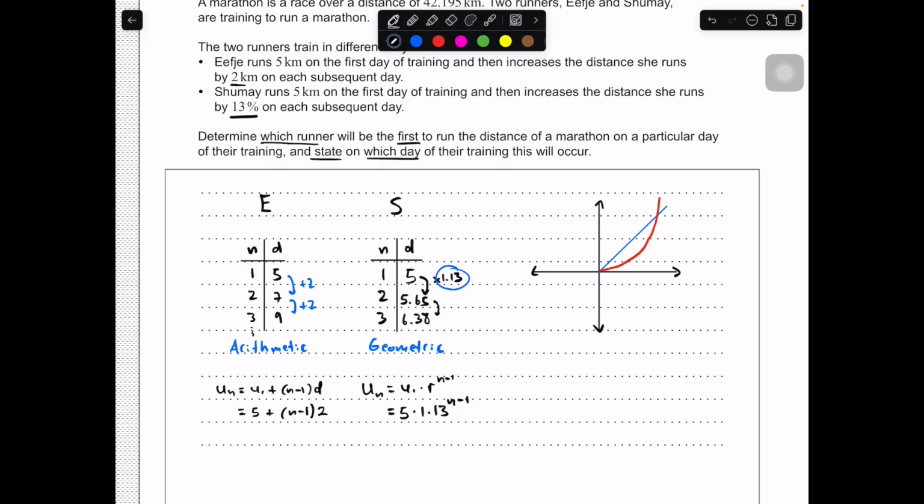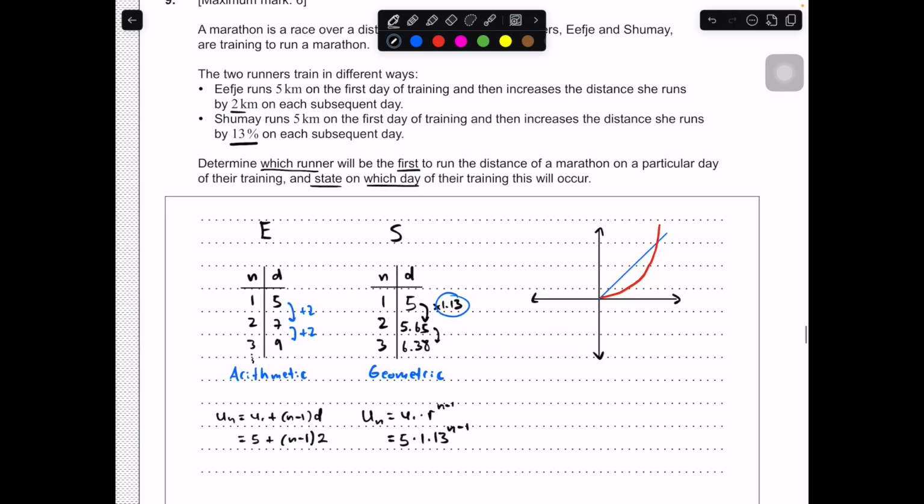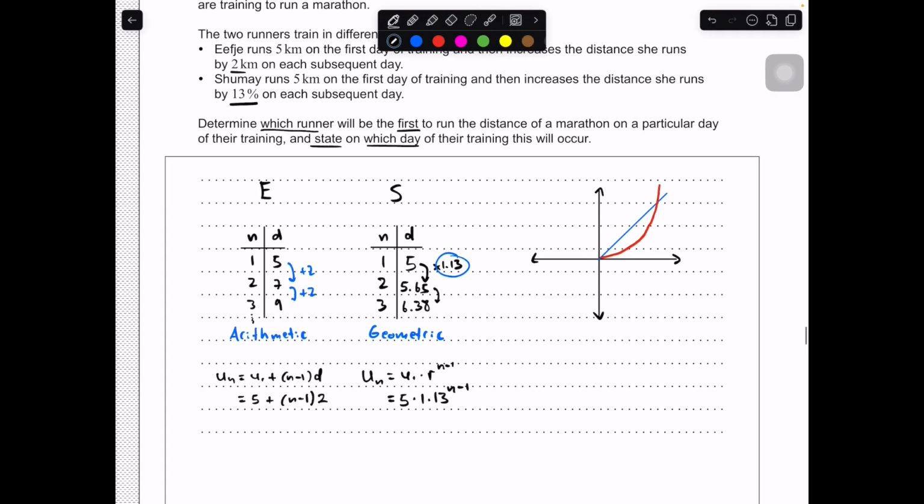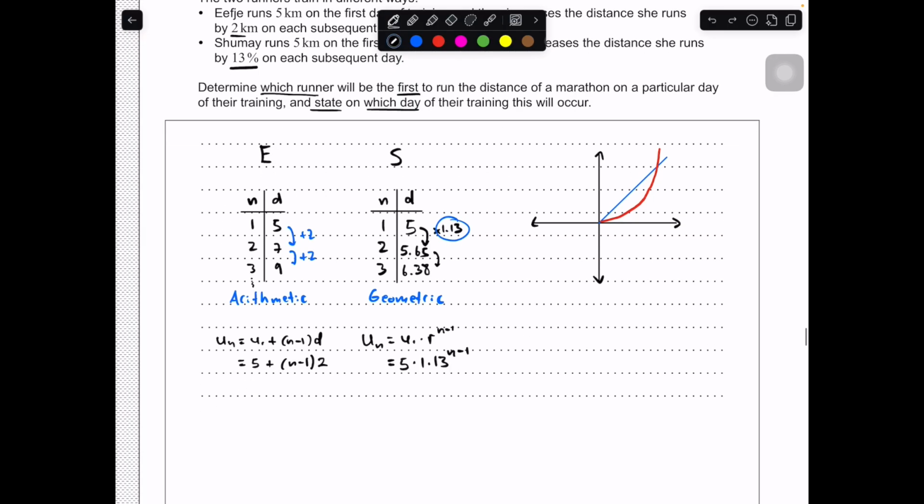Alright. So we've got a formula for each. I'm worried that this graphic will be potentially too complex, and I think there are other ways to do this. So let me show you maybe the first potential way. We've got a formula for each, and it tells us the distance that they'll travel when n is equal to 1, 2, 3, 4, that is to say the first, second, third, fourth day.